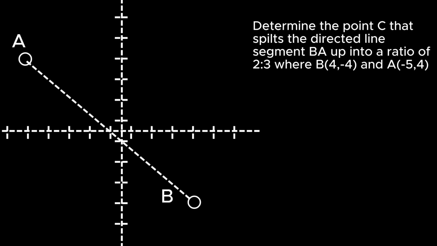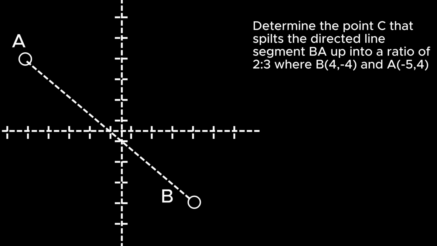Determine the point C that splits this directed line segment BA into a ratio of 2 to 3, where B is 4, negative 4, and A is negative 5, 4. Now remember, the order matters.